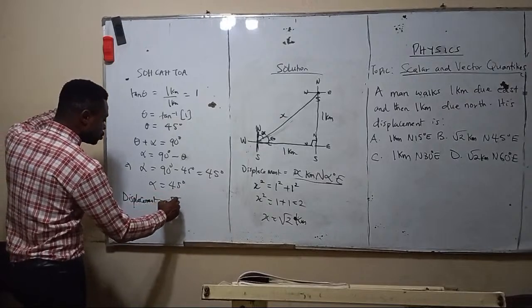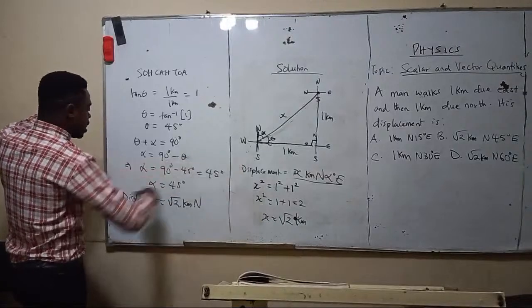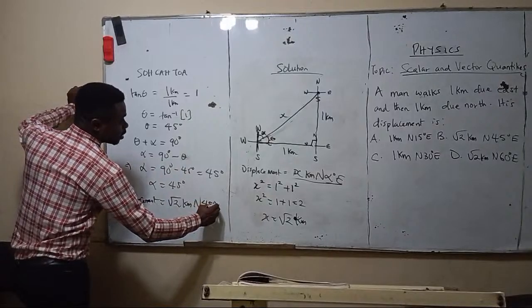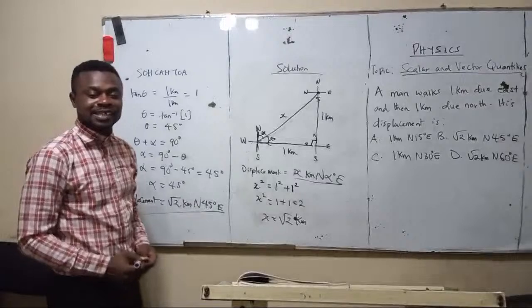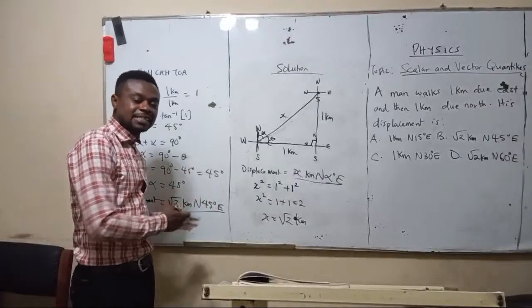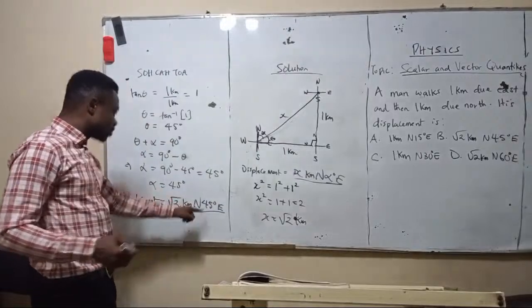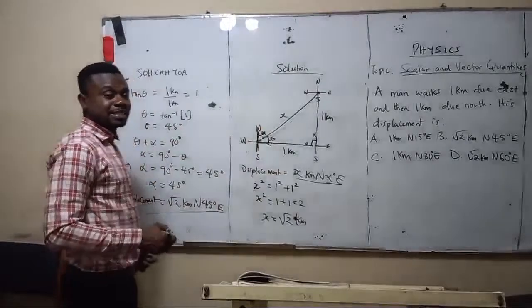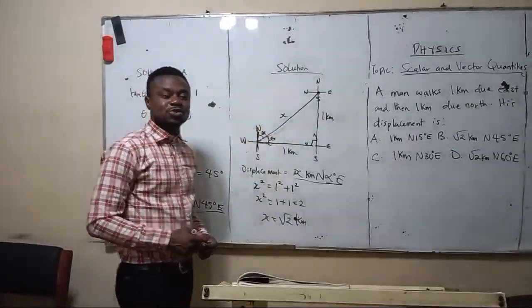So we have root 2 kilometer north, alpha is 45 degrees, so 45 degrees east. This is the man's displacement. It has the magnitude part and the direction part. The man's direction is 45 degrees east. But the magnitude of that displacement is X, which is root 2 kilometer.